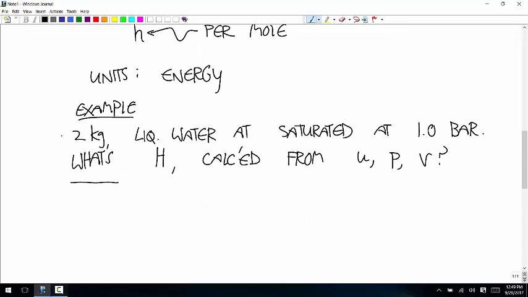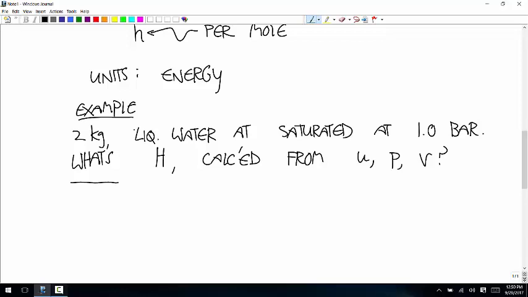Okay, so what table would you use here to find this? We need to use a table to come up with U, P, and V. What table would we use? We've talked about a few types. Well, it's saturated liquid water, so we'd use the saturation tables for water.